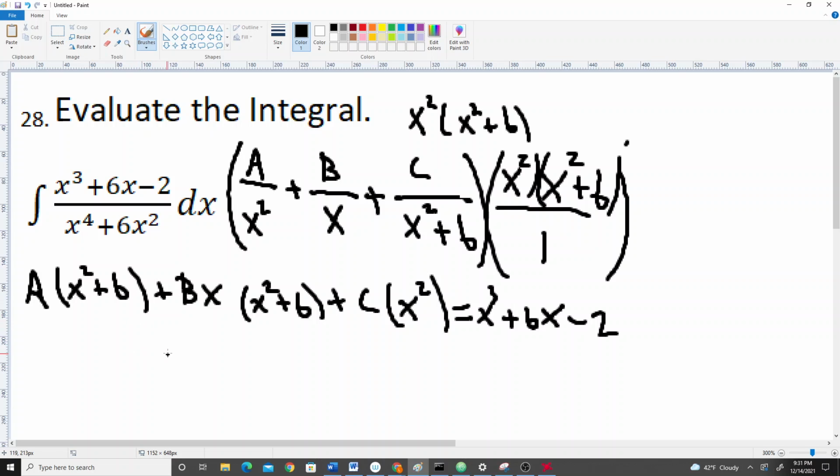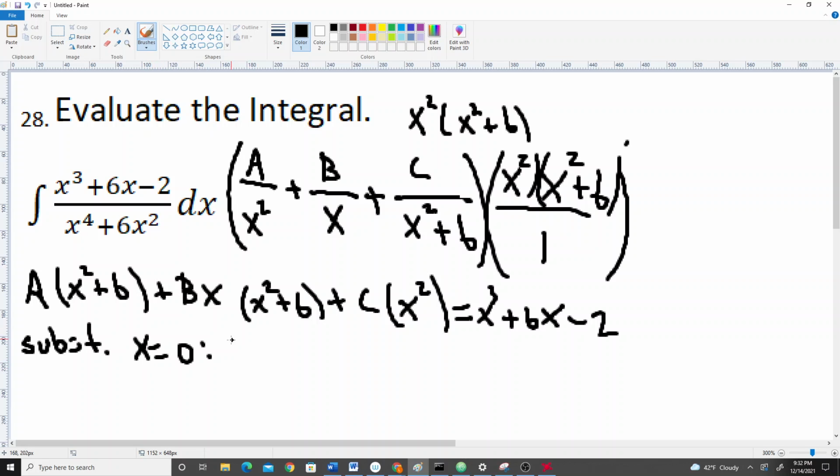To solve this, I think what I'll do first is use substitution, and then plug in x equals 0.